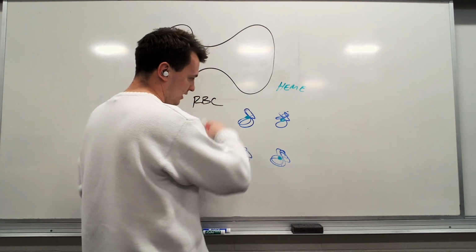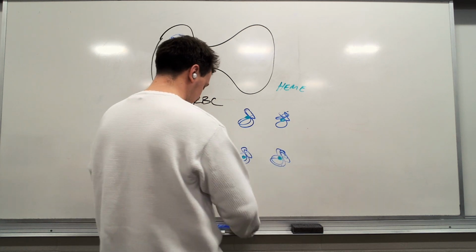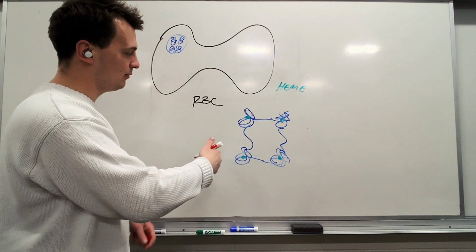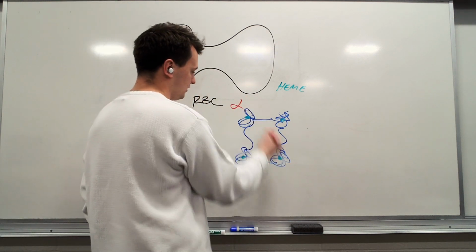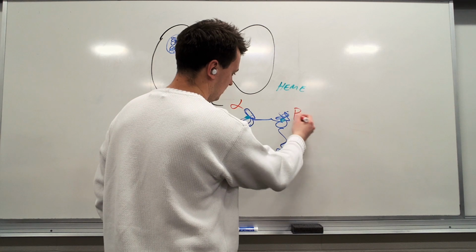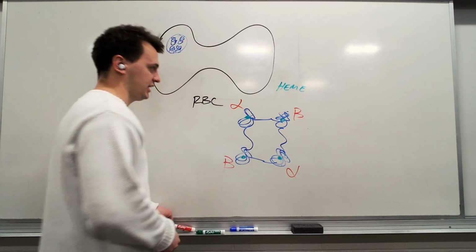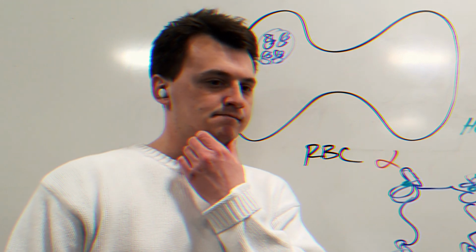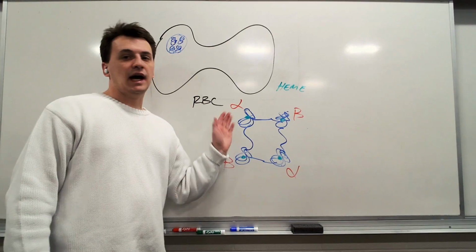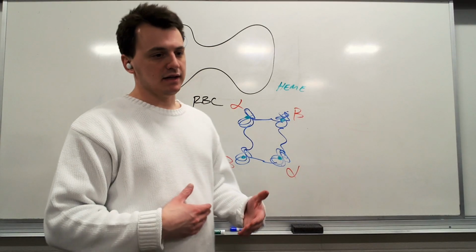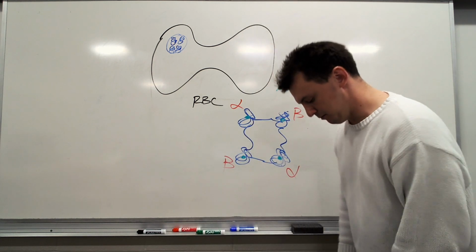And within the hemoglobin molecule, we'll have some alpha and beta cells, right? And they project each other diagonally.